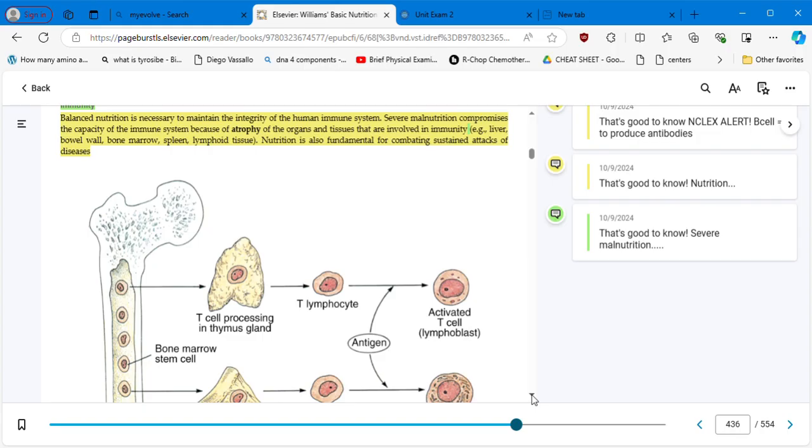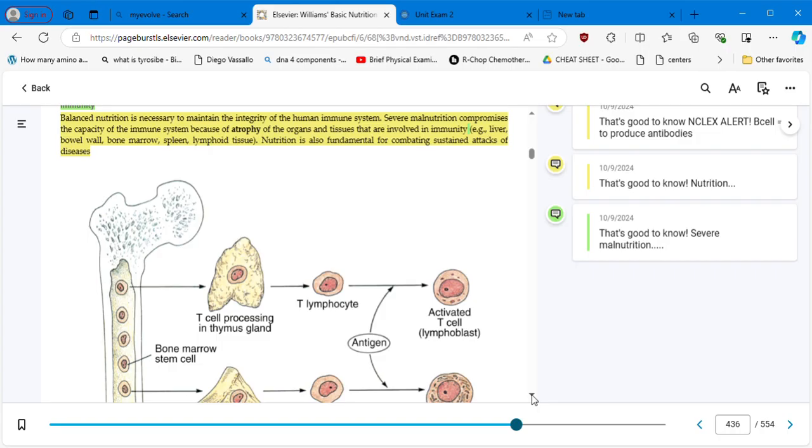Also our bone marrow that produces cells, the spleen that is in charge of the platelets, okay? Lymphoid tissue. So again, severe malnutrition compromises the capacity of the immune system because of atrophy of the organs and tissues that are involved in immunity.